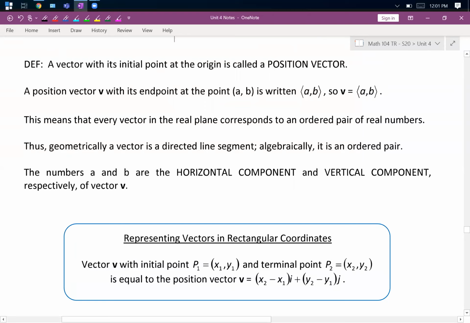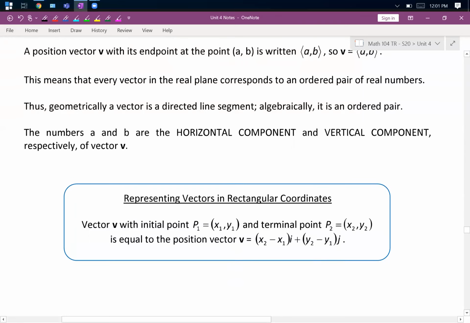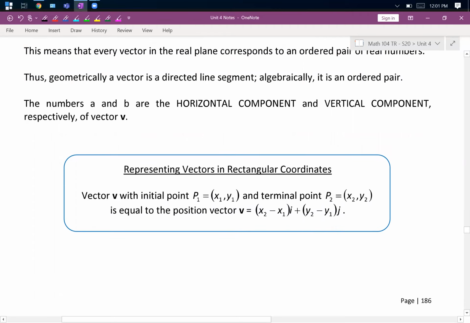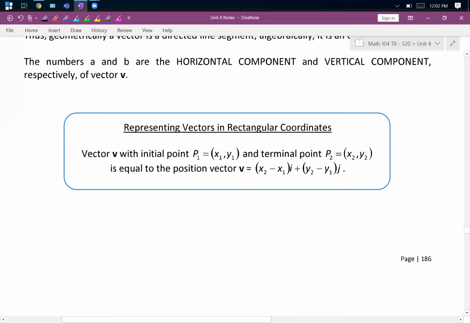This means that every vector in the real plane corresponds to an ordered pair of real numbers. Thus, geometrically, a vector is a directed line segment, but algebraically, it's an ordered pair. The numbers a and b are the horizontal and vertical components of our vector v. So a is our horizontal component, b is our vertical component.